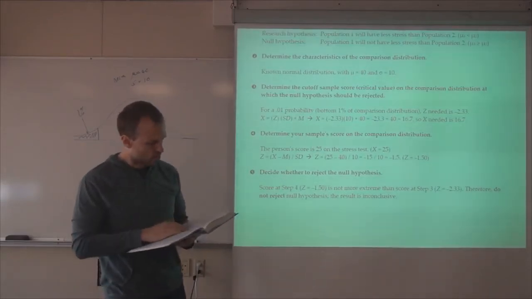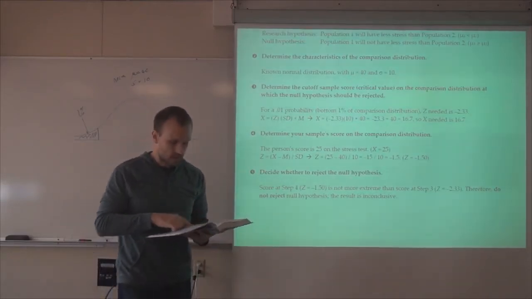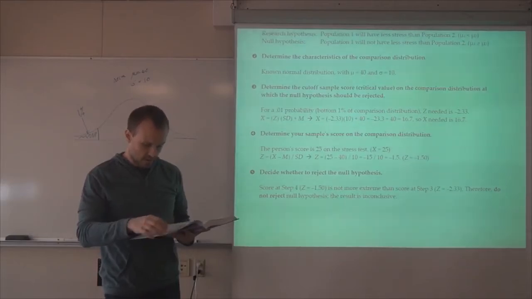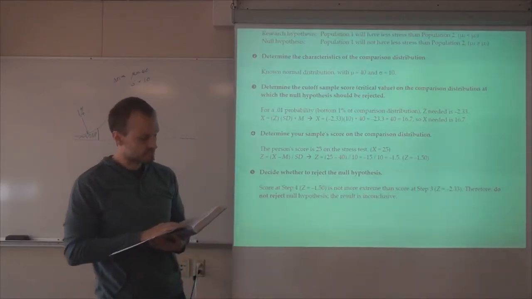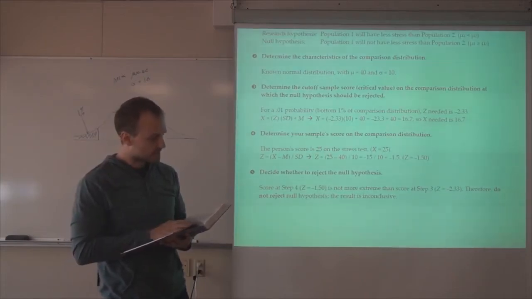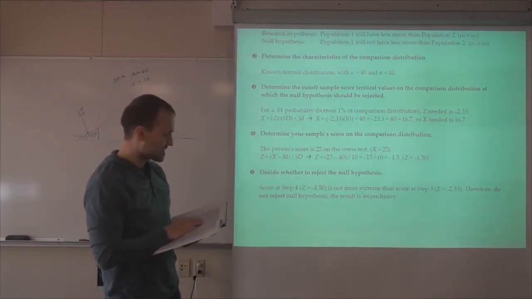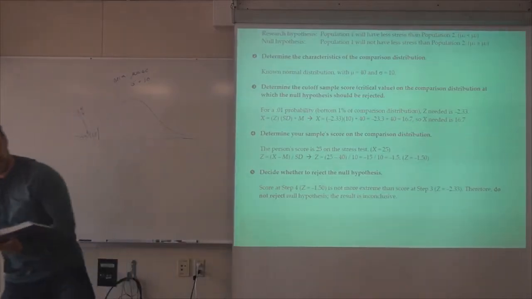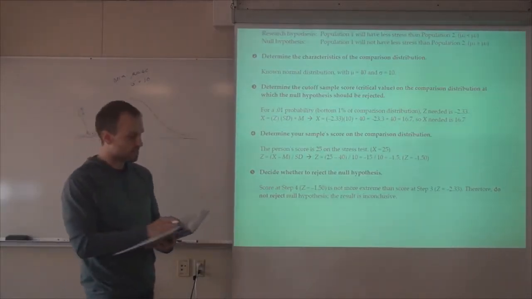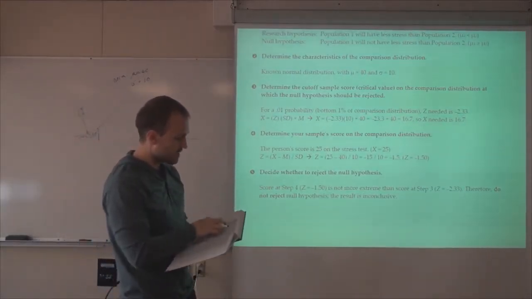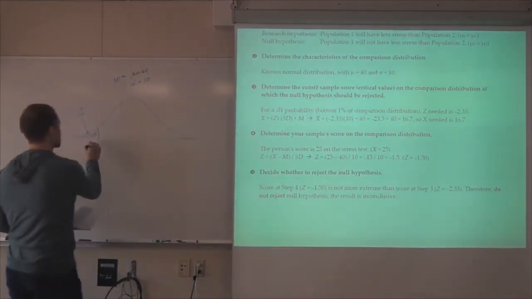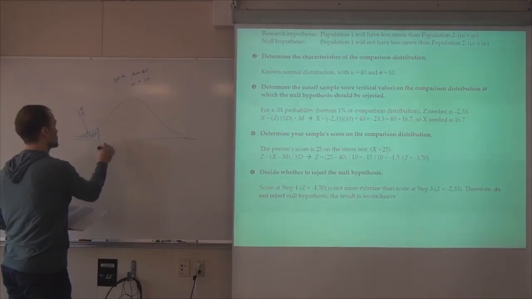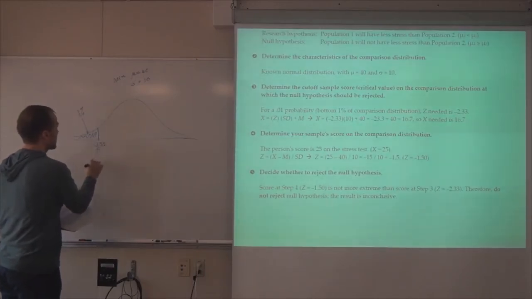So I'm going to go down in the tail column until I hit 1% on my page 676, and I get 0.99, which is the closest value, which in my table corresponds to the right tail for a Z score of 2.33, but I'm on the left, so it's going to be negative 2.33. This I'll call my Z cutoff.